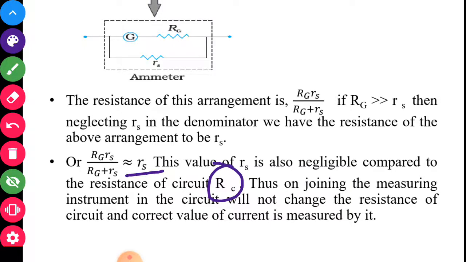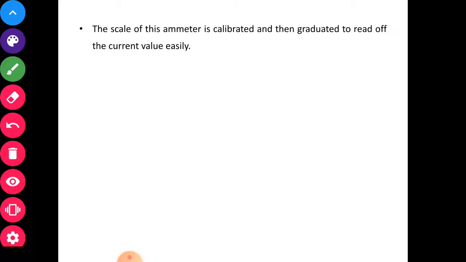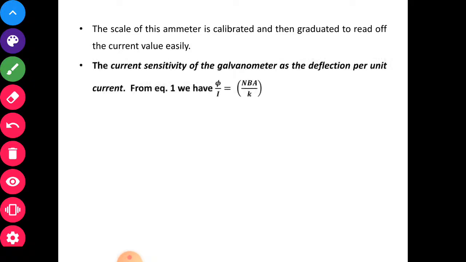Thus, on joining the current measuring instrument in this particular manner in the circuit, it is not going to change the resistance of the circuit, and the correct value of the current will be measured. The scale of the ammeter is calibrated according to the full scale deflection. The scale is properly marked by writing the current values on it.